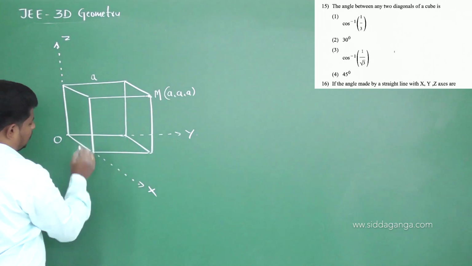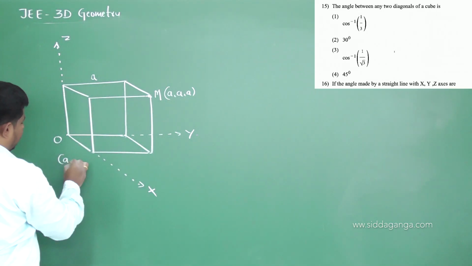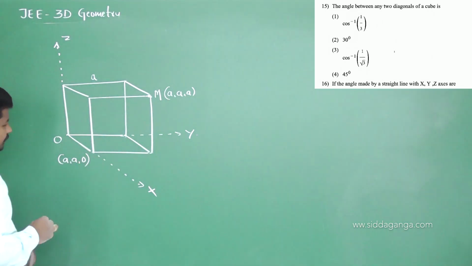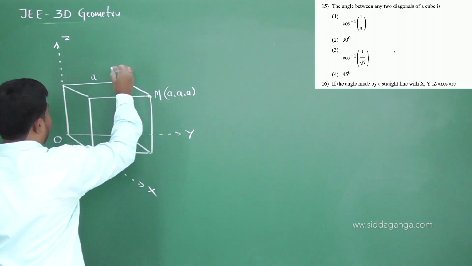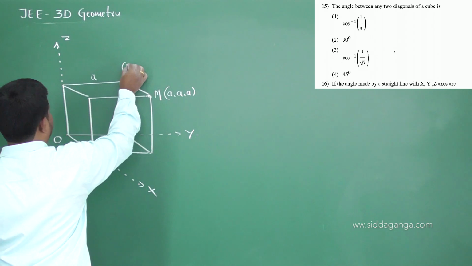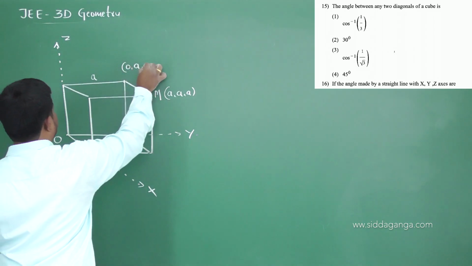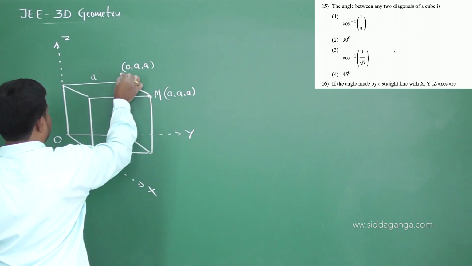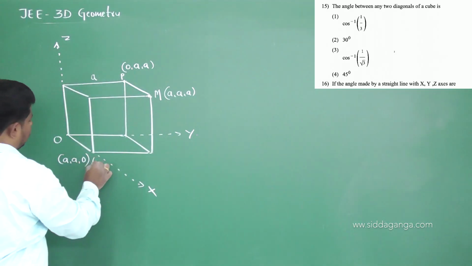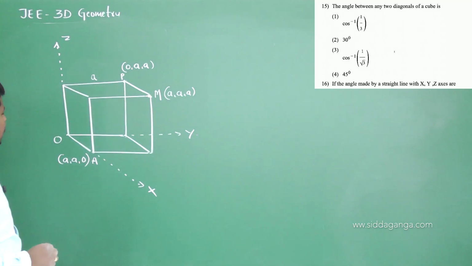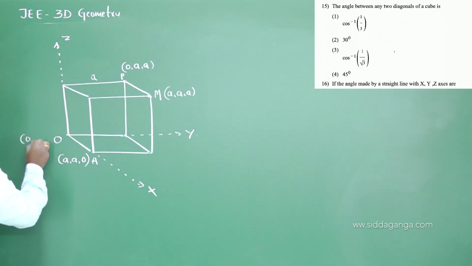This is on the xy plane, therefore it is of the form A, A, 0, right? And I need this point, which is on the yz plane, so it is of the form 0, A, A. Let us take this one as P, this one as A, and O of course 0, 0, 0.